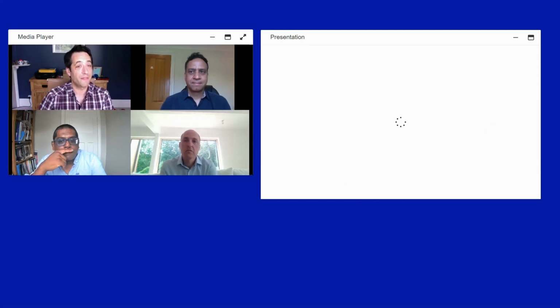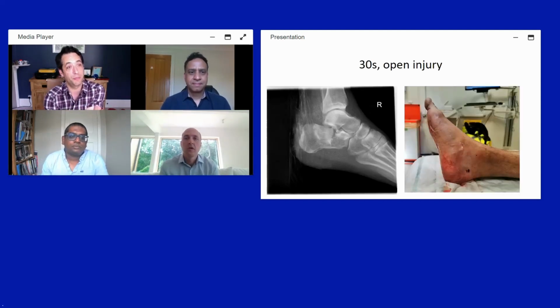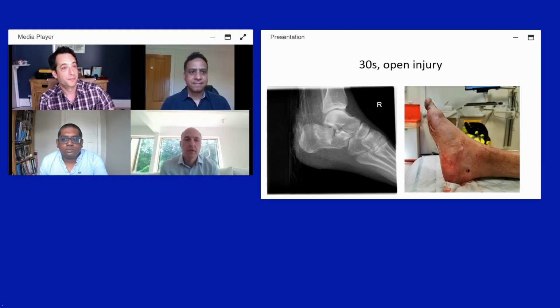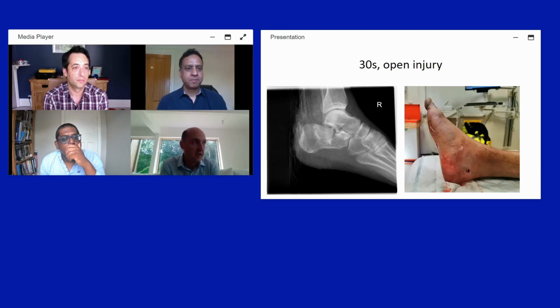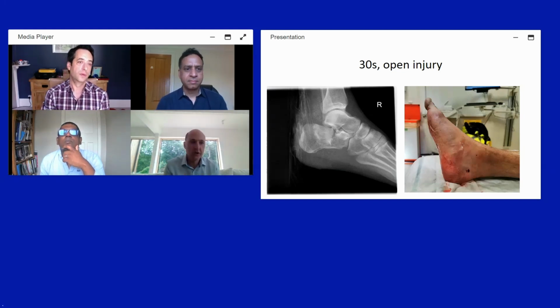I don't know if the others have any comments on reduction maneuvers for minimally invasive. Yeah, I think, Alex, you've described a lot of the techniques. The only thing that I've added is putting a little stab incision somewhere sort of down near the peroneal tendons, and then putting a periosteal elevator in really low down, quite a way below the fracture, and trying to move that whole kind of block.